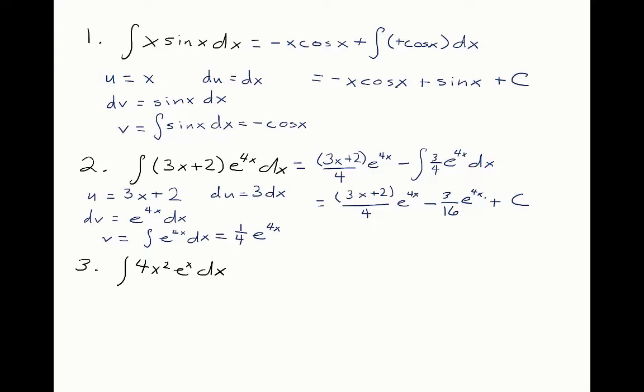Okay, this next one, we have to do this twice. And I want to make sure I have enough room to do this, so I'm going to go to the next page to do this one. So what we're going to do, alright, so our simple function is 4x squared.